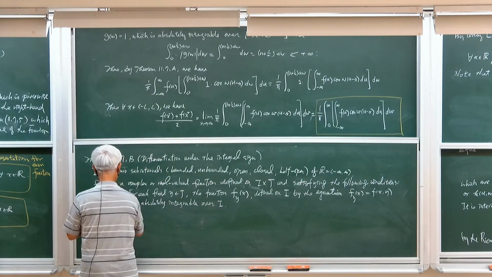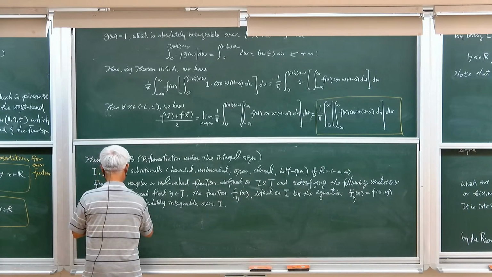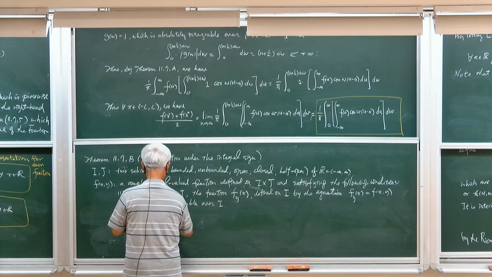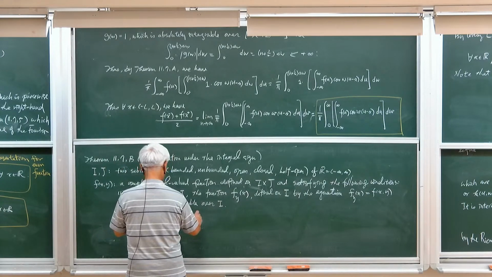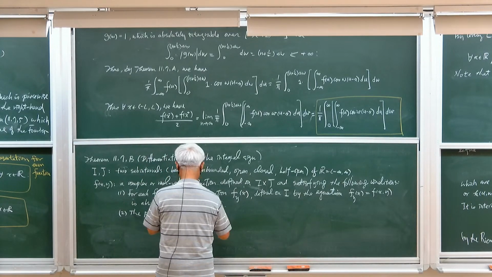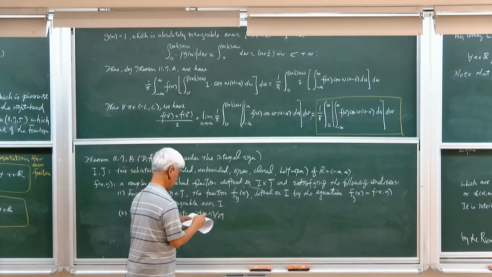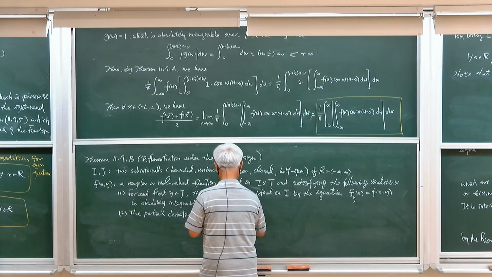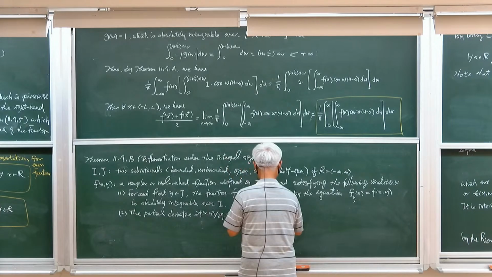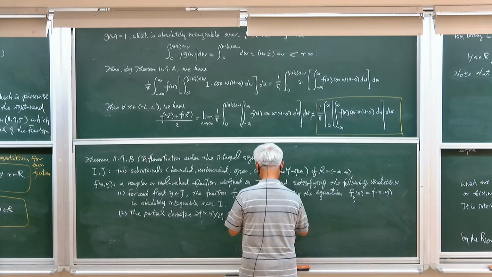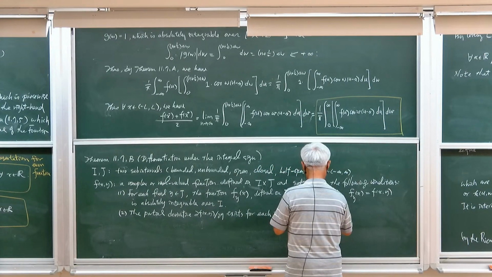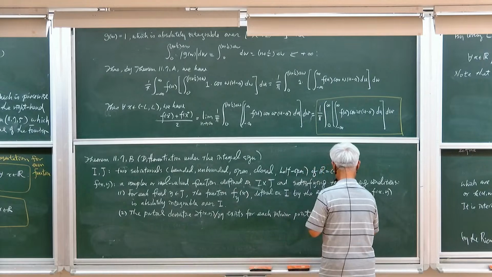And the second requirement, that the partial derivative with respect to y exists for each interior point x, y of the rectangle.